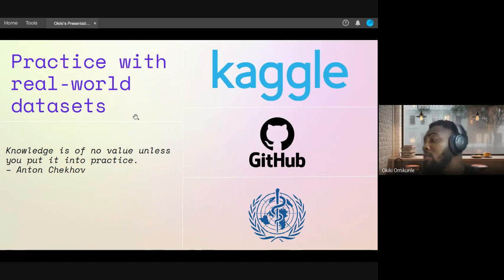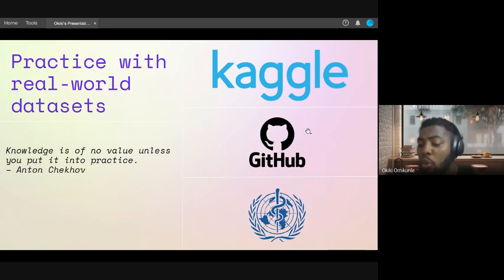Kaggle actually has, I can't begin to describe the amount of data sets available on Kaggle. We can find literally any data sets on anything, on animals, on characteristics of animals. GitHub is also another very useful platform to get data sets.